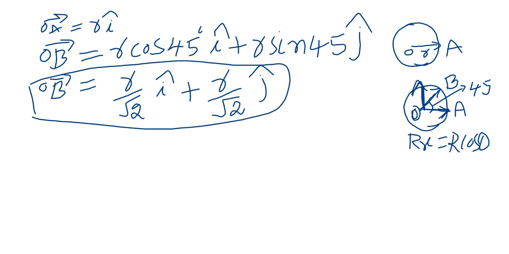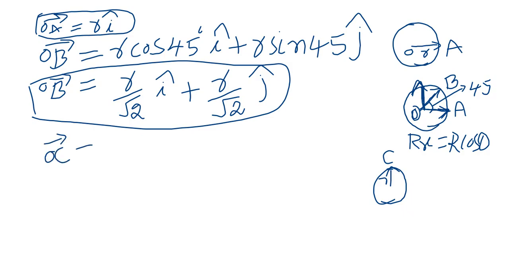Next one is OC bar. Here the vector is vertically in upward direction and its radius is R. So OC bar is in upward direction, that means it is along the y-axis. So R j cap.